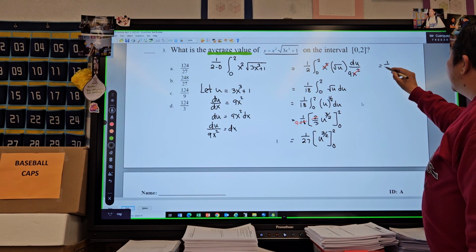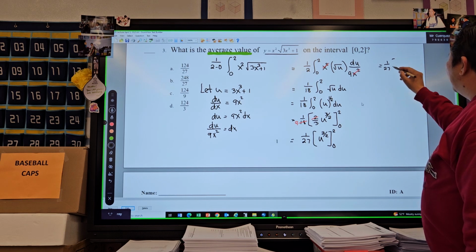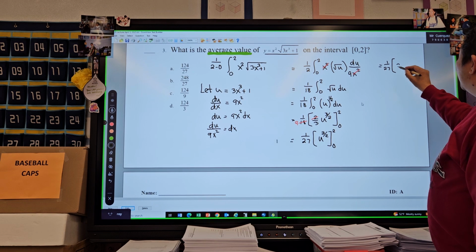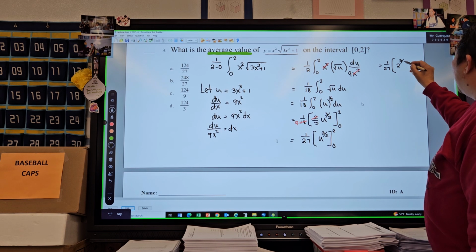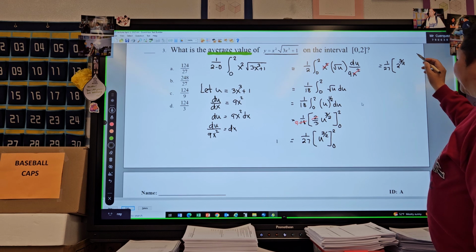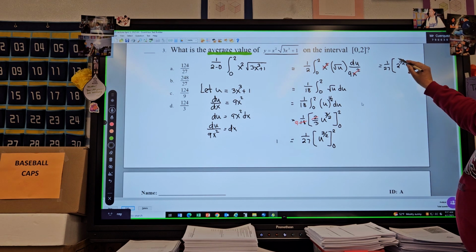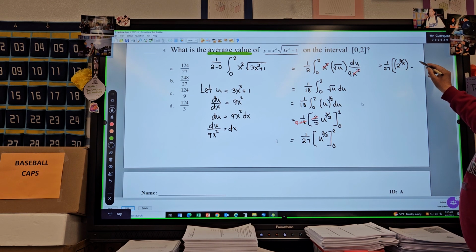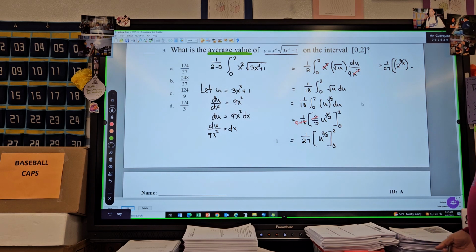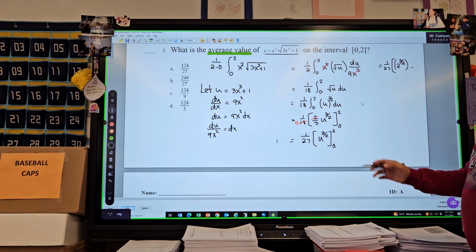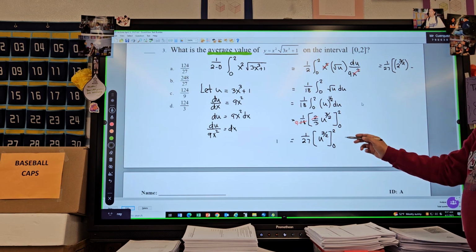1 over 27, and then we have 2 to the power of 3 halves, minus... Can I just put 0 right away? Nada. Because if you plug in 0 right here, it's 0, right?